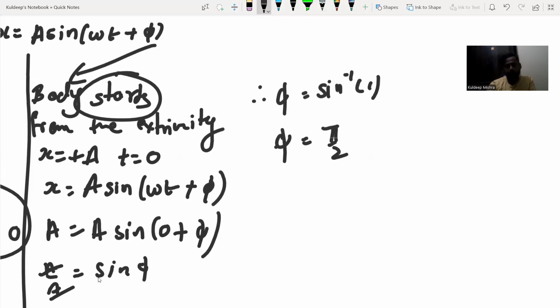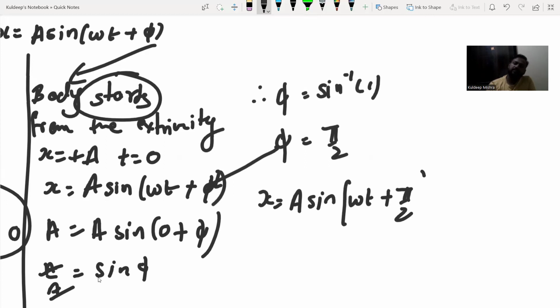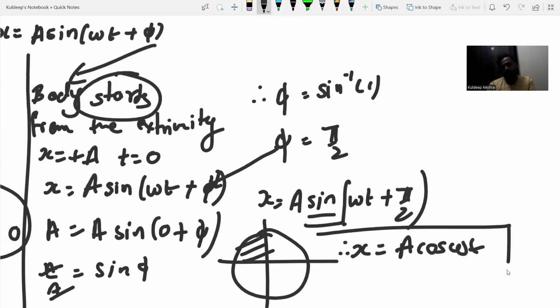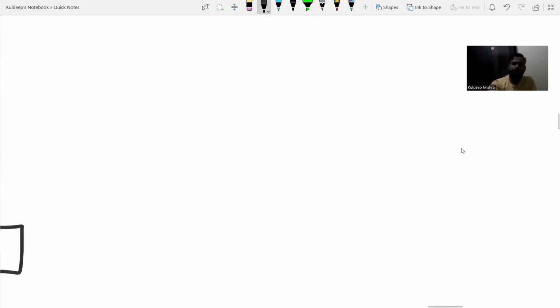So if I substitute this here, I get x is equal to a sine of omega t plus pi by 2. So this is sine of 90 plus theta. In the unit circle, pi by 2 plus theta is the second quadrant. In the second quadrant sine is positive. So we get x is equal to a cos omega t. And since the transition is of pi by 2, sine becomes cos.